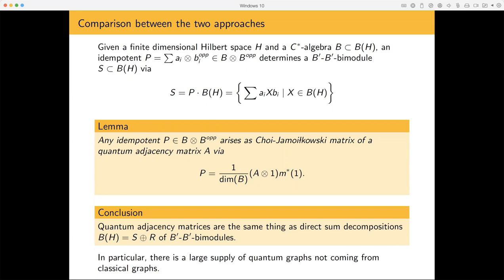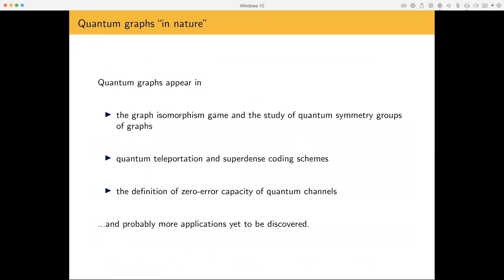One can say in more detail what kind of things are possible. Even in this very small case of 2 by 2 matrices, things already get quite interesting. Anyway, you may wonder why on earth people would study such quantum graphs? They have appeared in different contexts, as I already said.